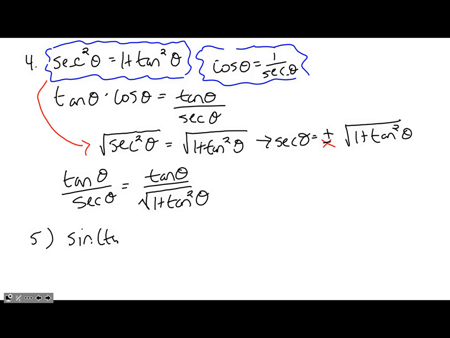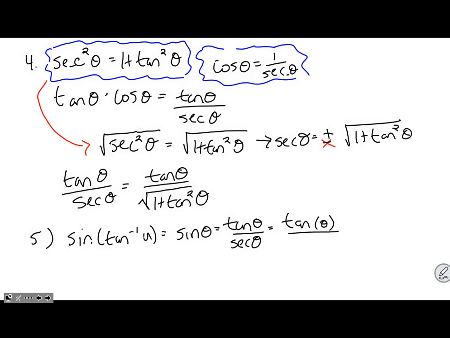Sine of tangent inverse u, we said that was equal to sine theta, which equals tan theta over secant theta, which equals tan theta over root 1 plus tan squared theta.